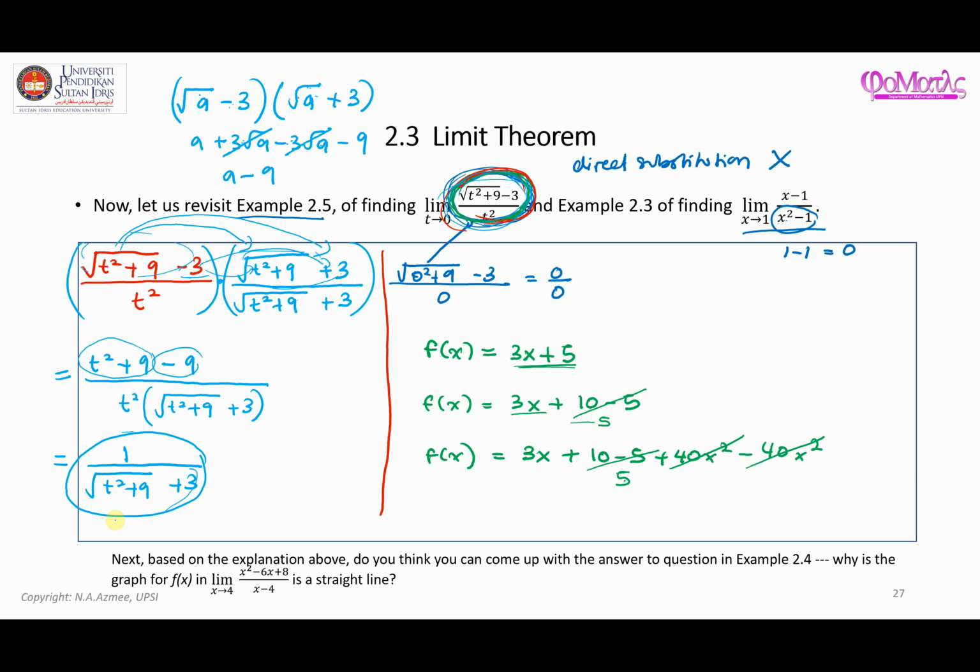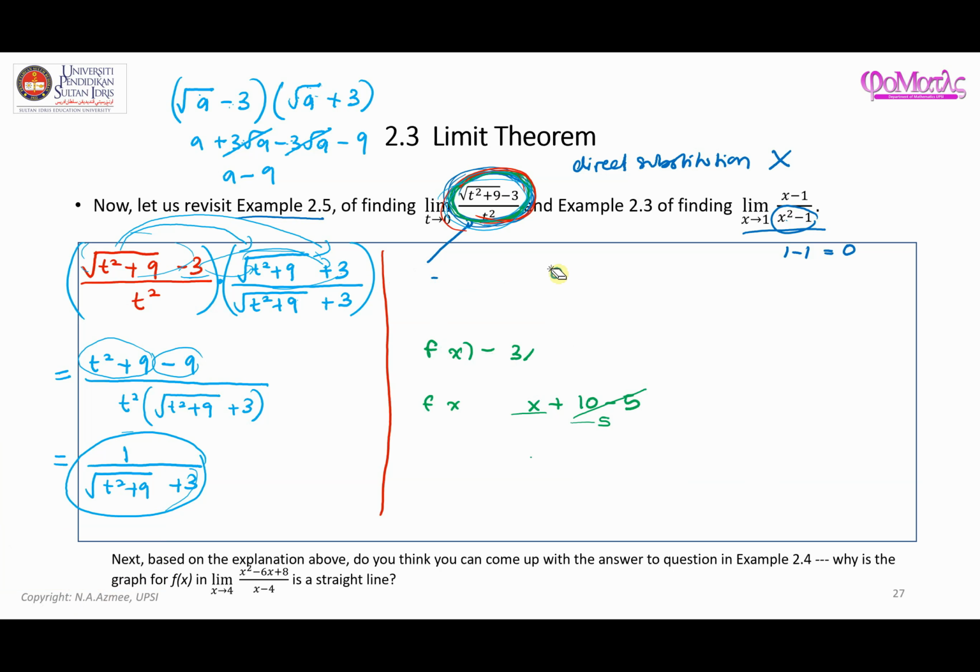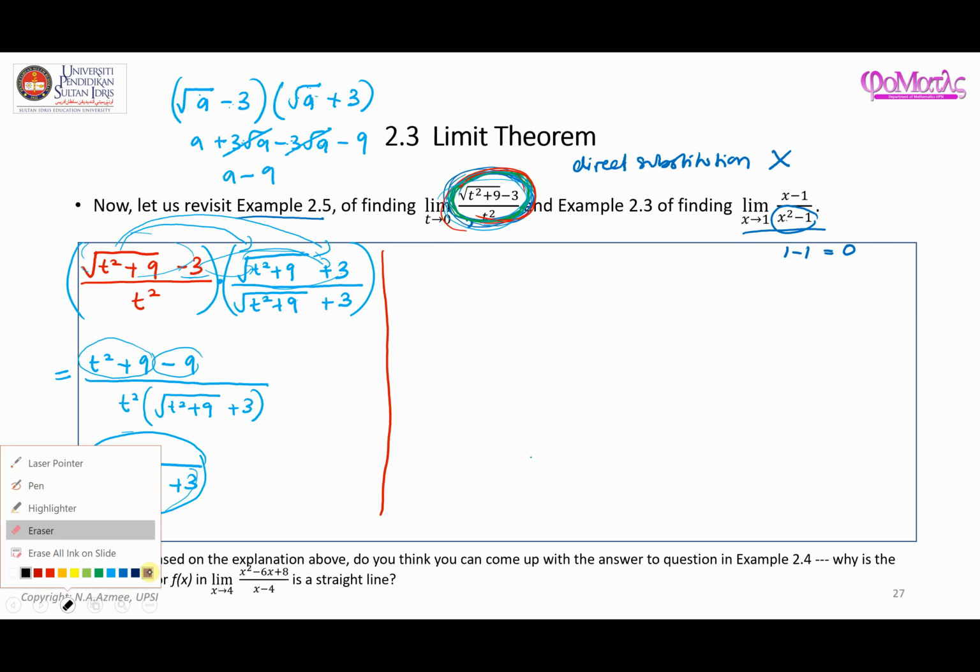Alright, so now we are going to consider this new function, and then we can apply direct substitution. Next, we consider this function here.